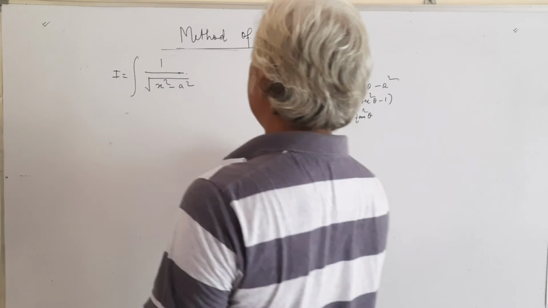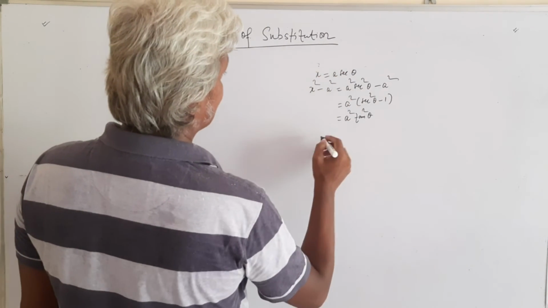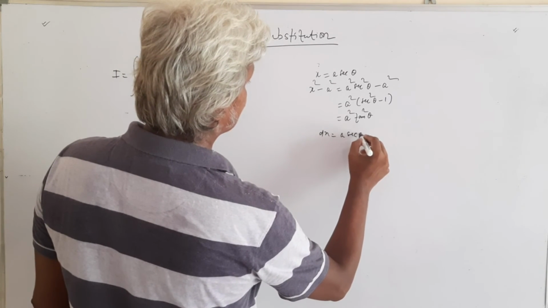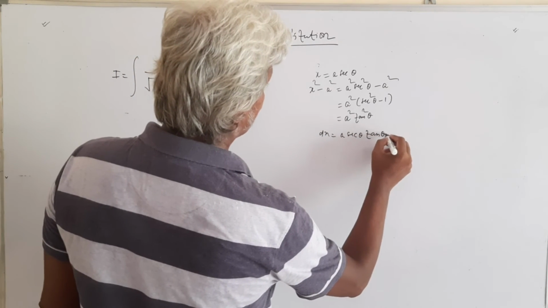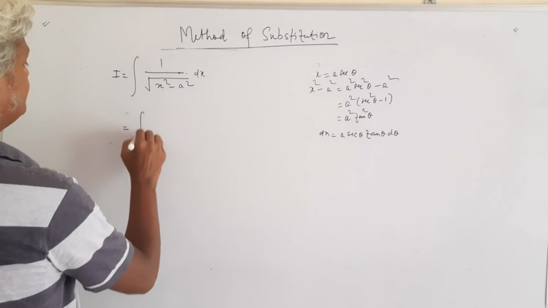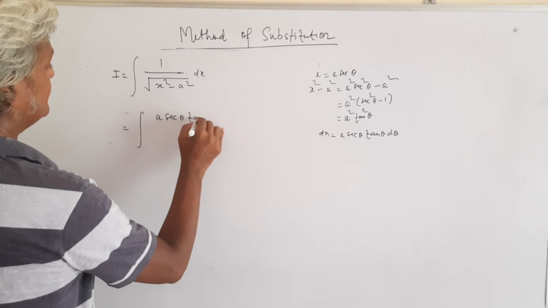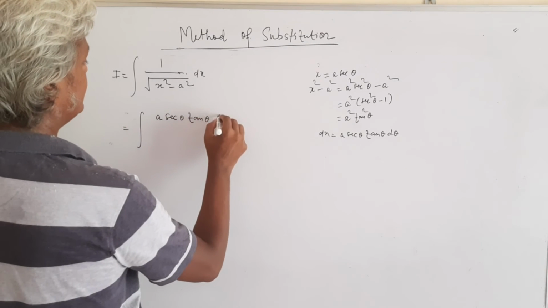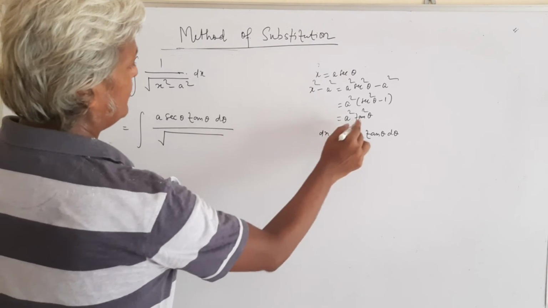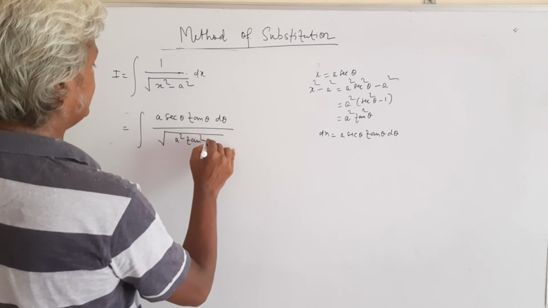Now for the dx part, here we have dx also. So since x is a sec theta, what is dx? The differentiation of sec theta is sec theta tan theta d theta. So our integral will become a sec theta tan theta d theta over square root of a square tan square theta.